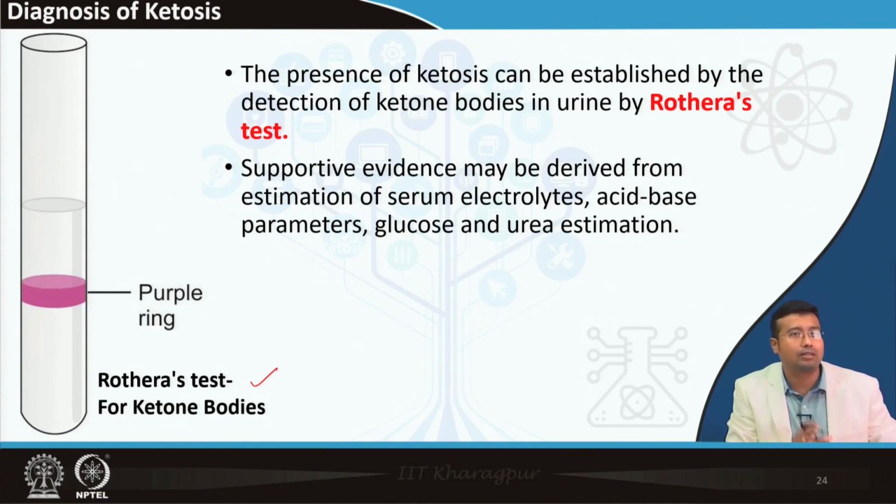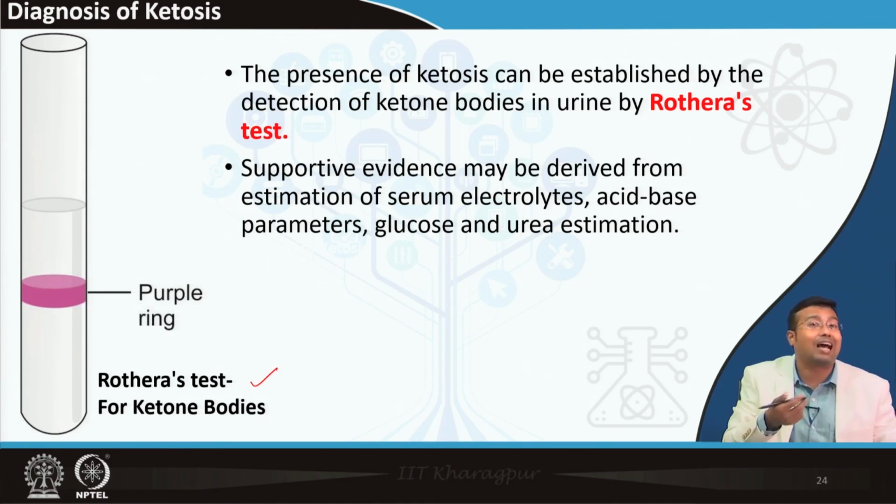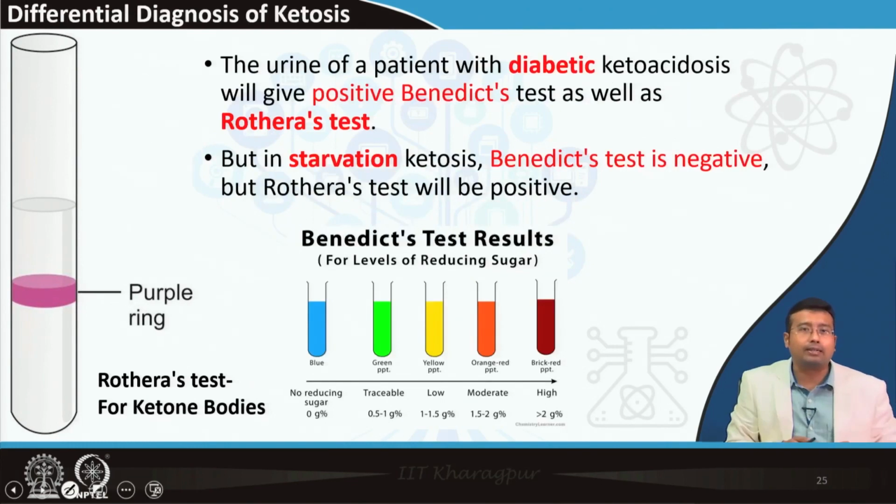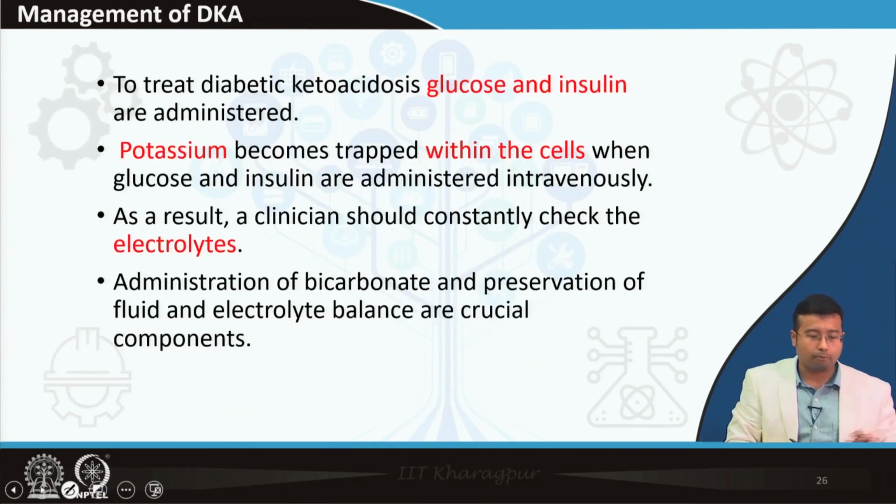Now, since this ketosis happens in both starvation and diabetes, can we differentiate by just undergoing a urine test? Absolutely yes, because in case of diabetes, Benedict's test along with Rothera's test will be positive, that is it will give a brick red precipitate, whereas in case of starvation Benedict's test will be negative, only Rothera's will be positive.